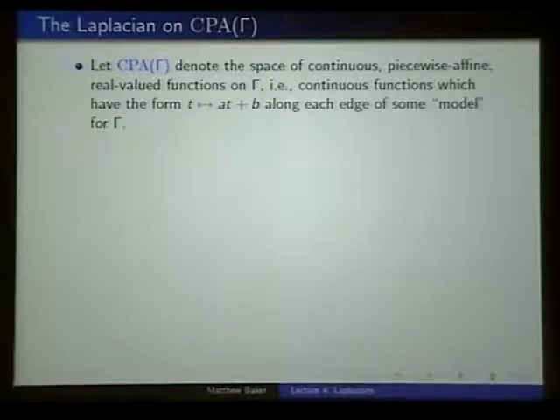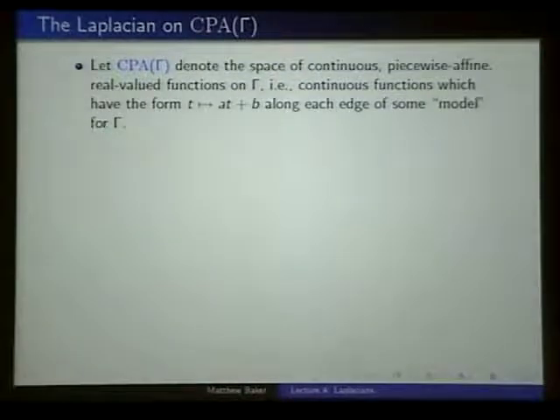But notice that a metrized graph has no preferred vertices and no preferred edges, really. For example, the circle is a metrized graph, a circle of some length, log absolute value 1 over q or something. A circle with a given length is a metrized graph, and there's no edges. But you can choose a model.